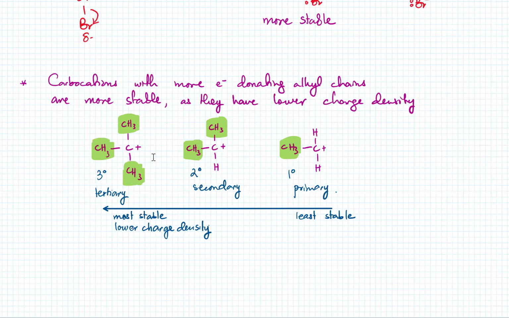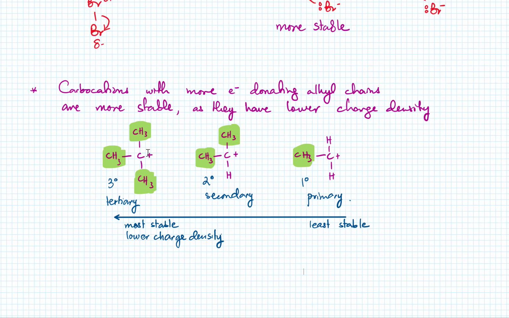Tertiary carbocations can be easily formed because the positive charge is not very strong. So once they form, they don't do anything. They don't start attracting other substances. Which is why your tertiary carbocations tend to be very, very stable and very easy to form.